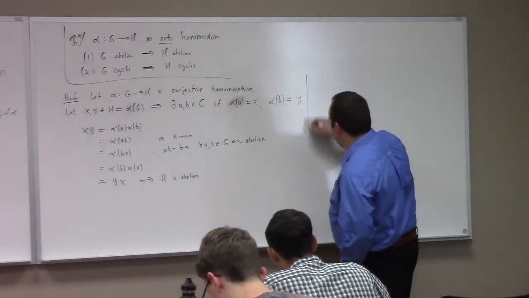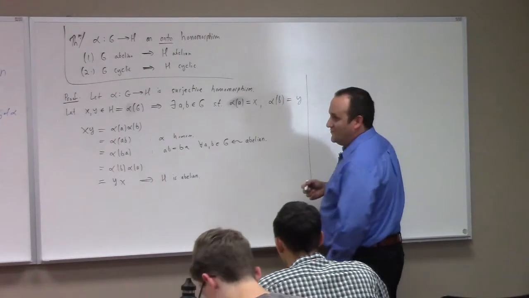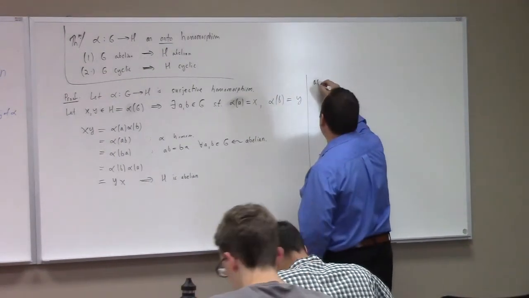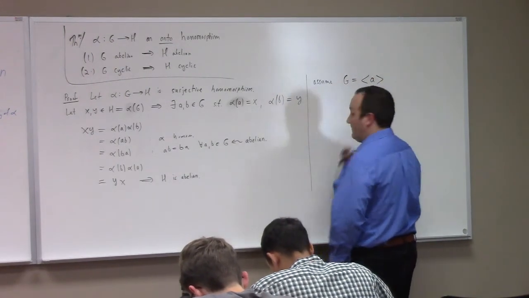The proof of 2, much the same. Assume the conditions for 2. Assume G cyclic. Suppose G is generated by a.